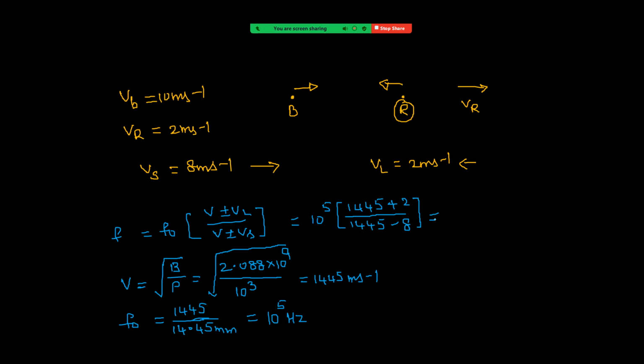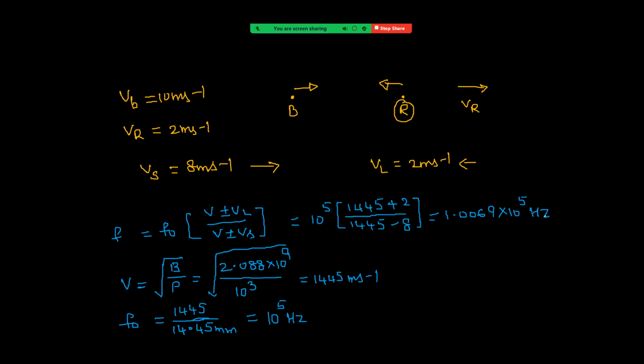So see the calculation, how much we are going to get. This value will be approximately 1.0069 into 10 power 5. Okay, this is the answer, right?